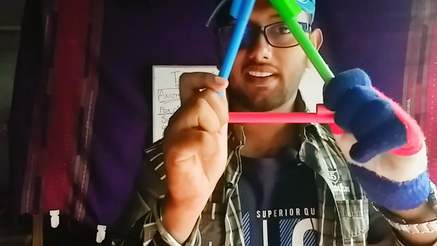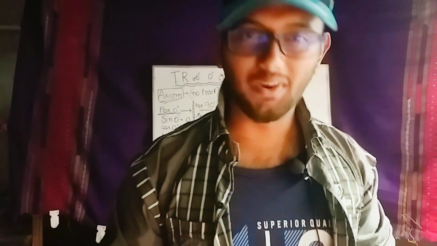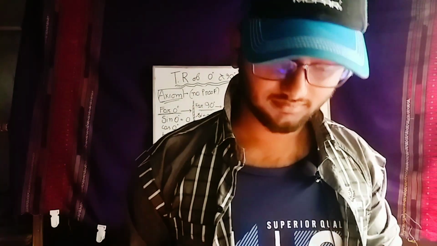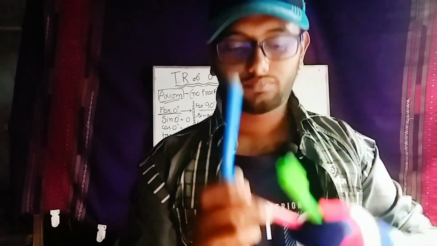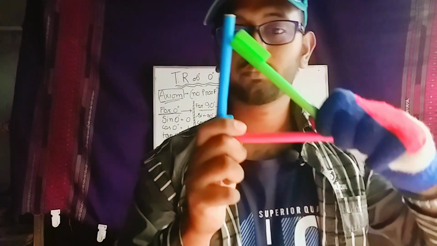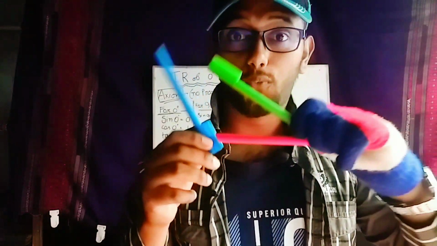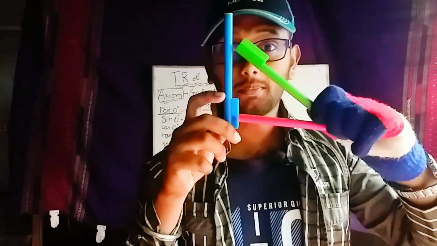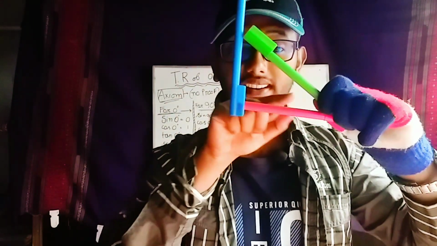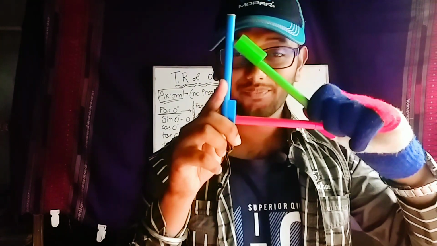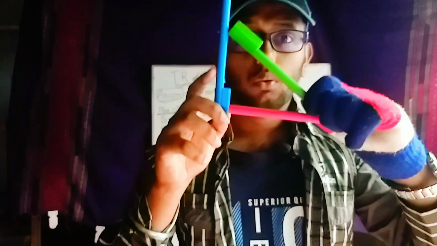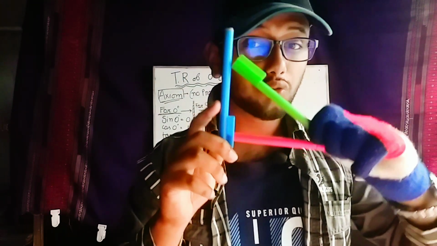So let this be a triangle. Now, for proving the 0 degree, let this be a right angle triangle where this is the 90 degree and this is the acute angle. Now, we have to put the acute angle equal to 0 degree.